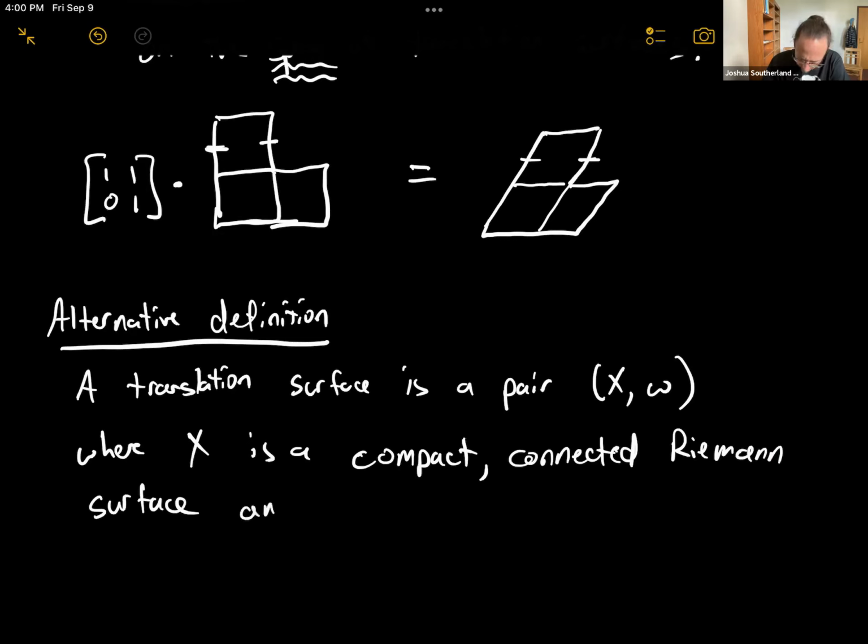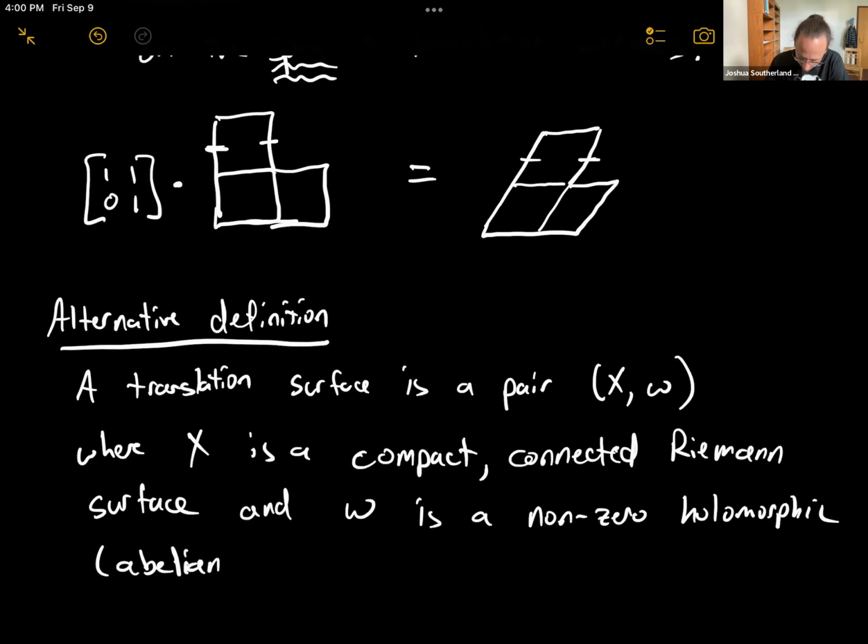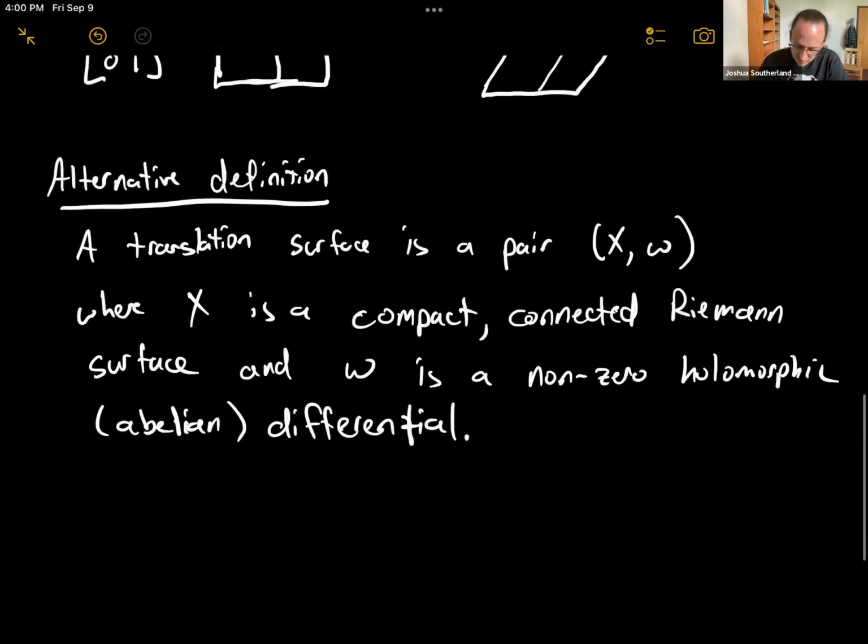And omega is a non-zero holomorphic, or if you like, abelian differential of the first kind, abelian differential. Okay.